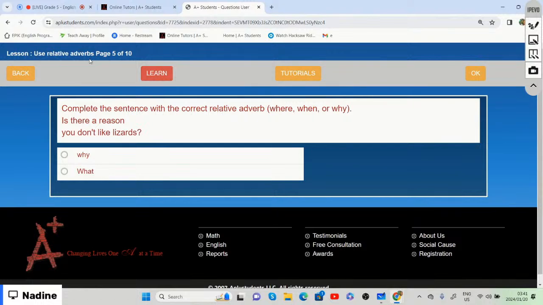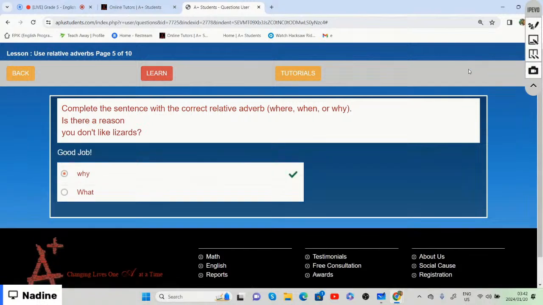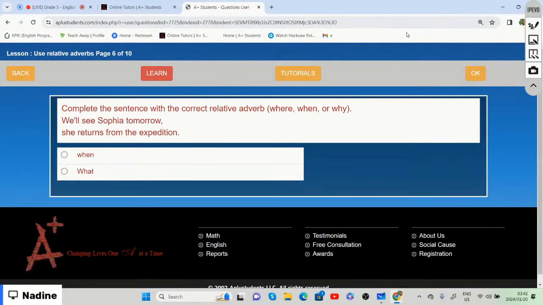So we say is there a reason why you don't like lizards? So why. All right, so we said why. And the adverb why is correct.